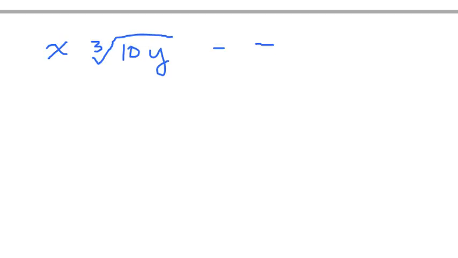Alright, minus 7x, 3 roots of 10y. So as you can see here, we both have the same index number and the same radicand. And also, it should be noted that this is to the first power and this is to the first power.